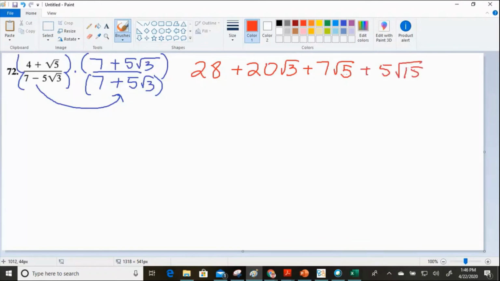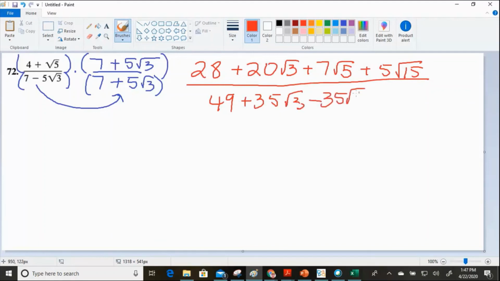Okay, bottom, first, outer, okay, inner, and last, square root of 9.